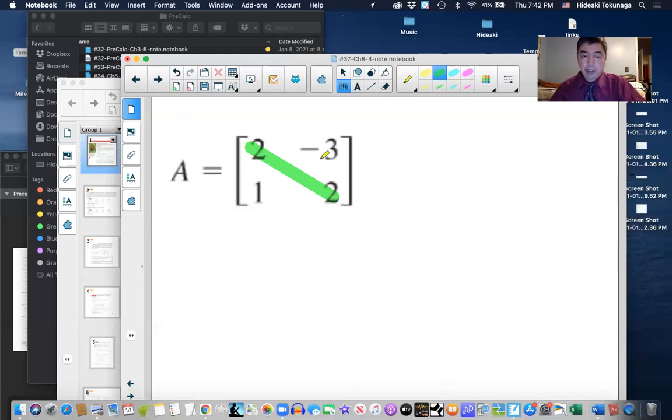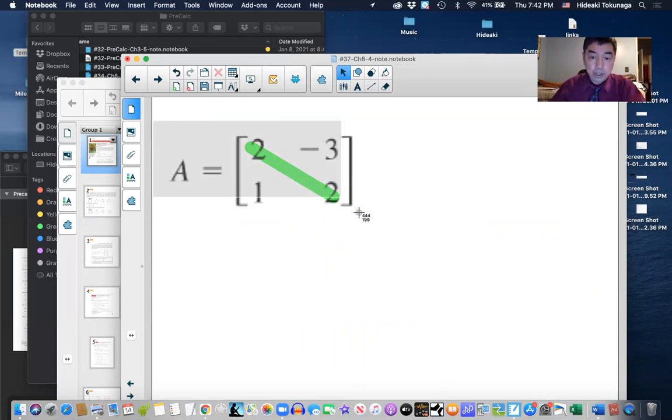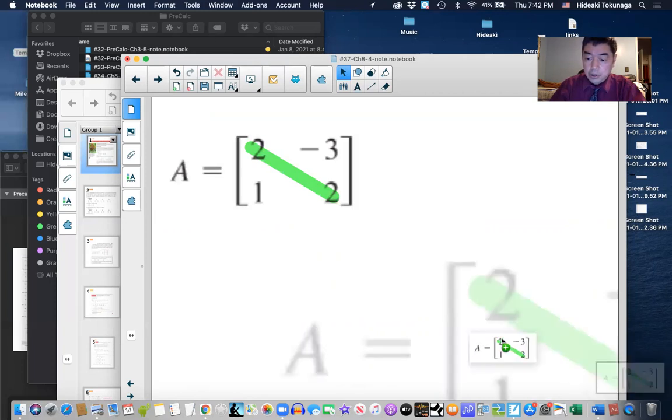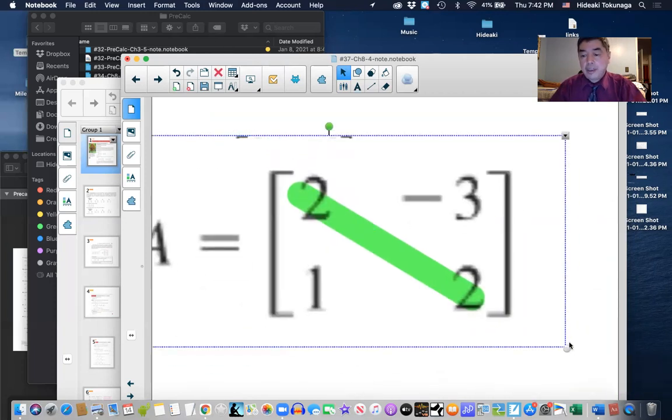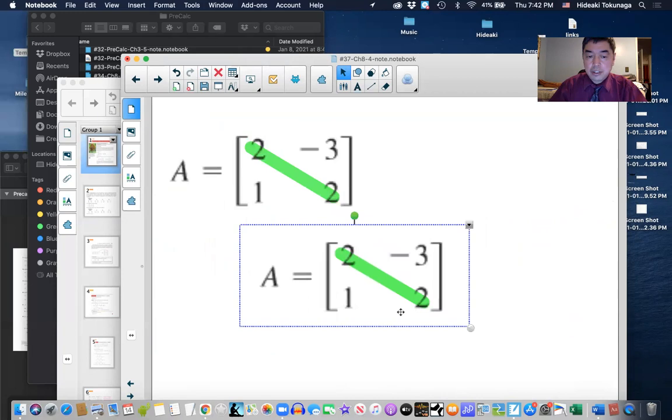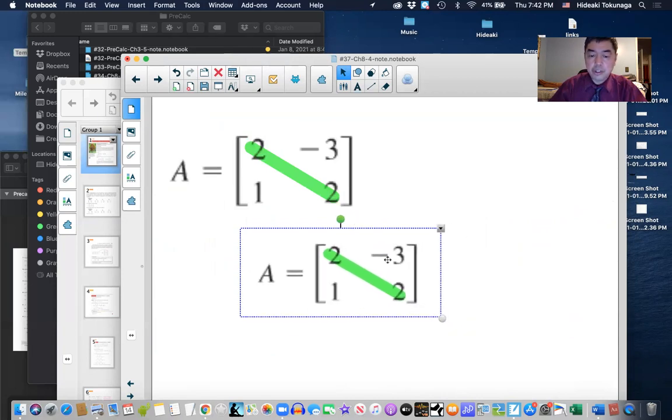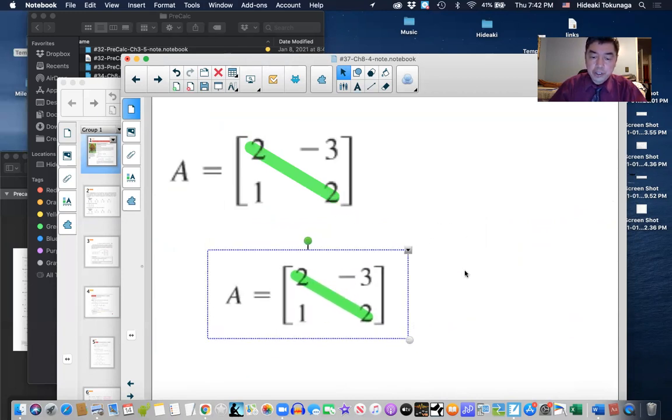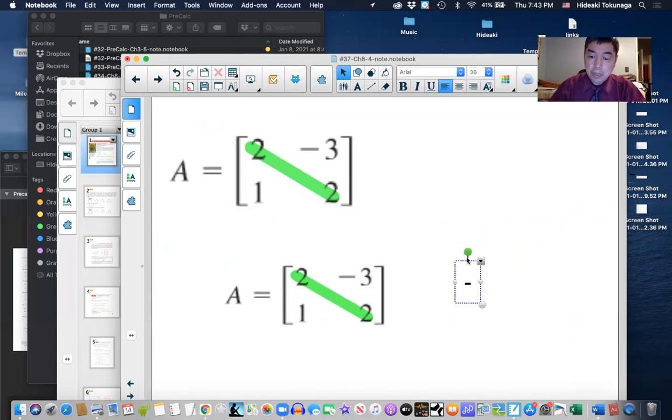It might not be a good idea, but I use the same number, so I cut and paste. So the matrix A inverse is going to be, we switch the location. This is the indication of A inverse.